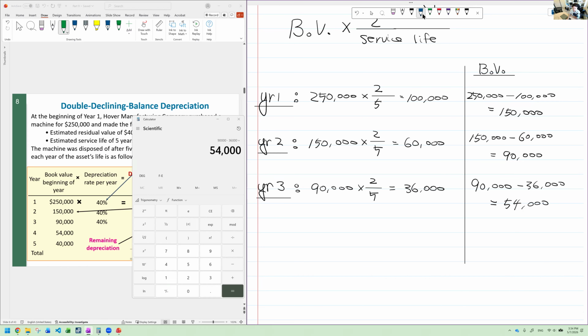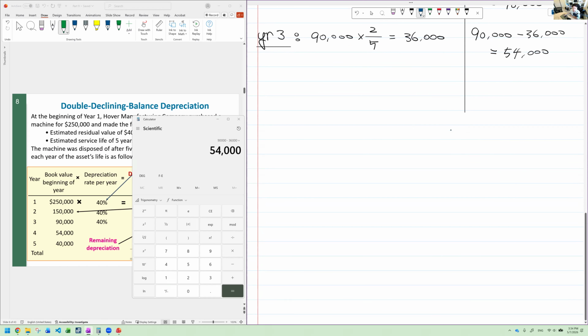Okay, so in other words, let me scroll down a little bit. Let's say you buy a Tesla Model 3 at $40,000. Generally speaking, at the end of year 1, usually this car will lose value by a lot. Probably it will lose value by $10,000. So the value will decrease to $30,000.